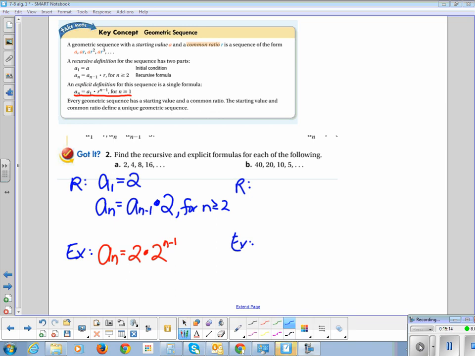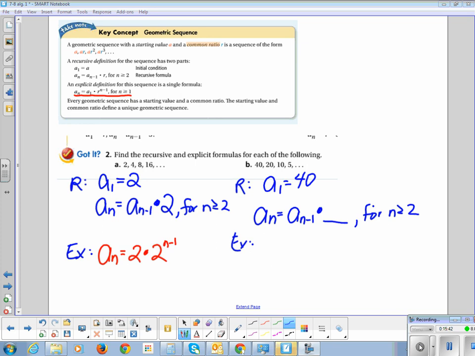All right, now let's do it for something that we're not familiar with. Our first term in B is 40. And to get from term to term, we're going to take the previous term and multiply it by something. So let's see.